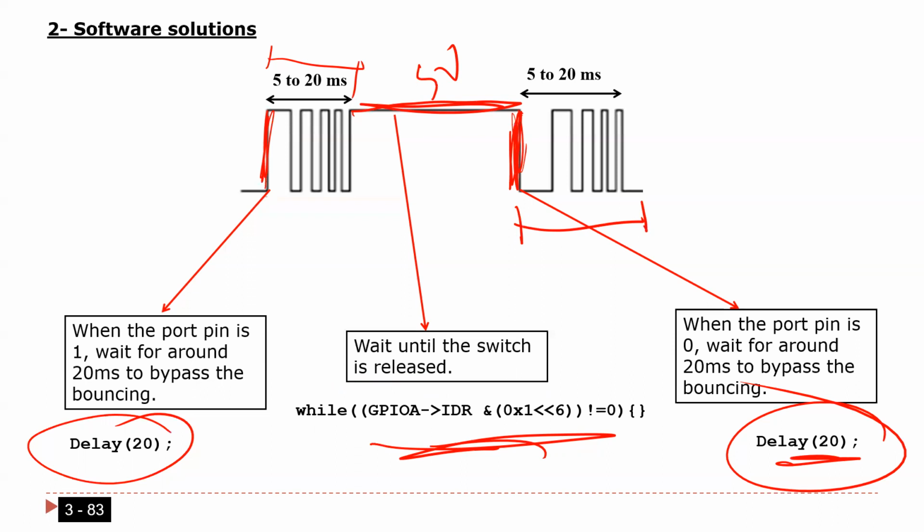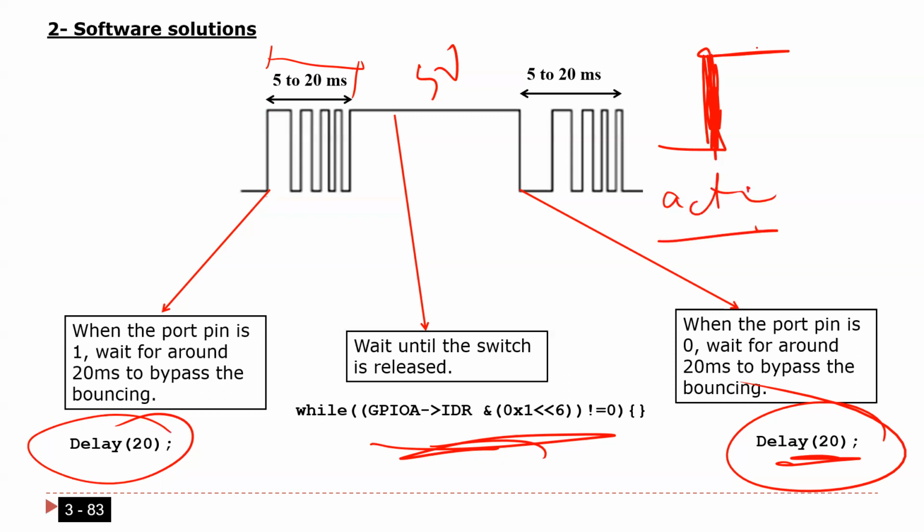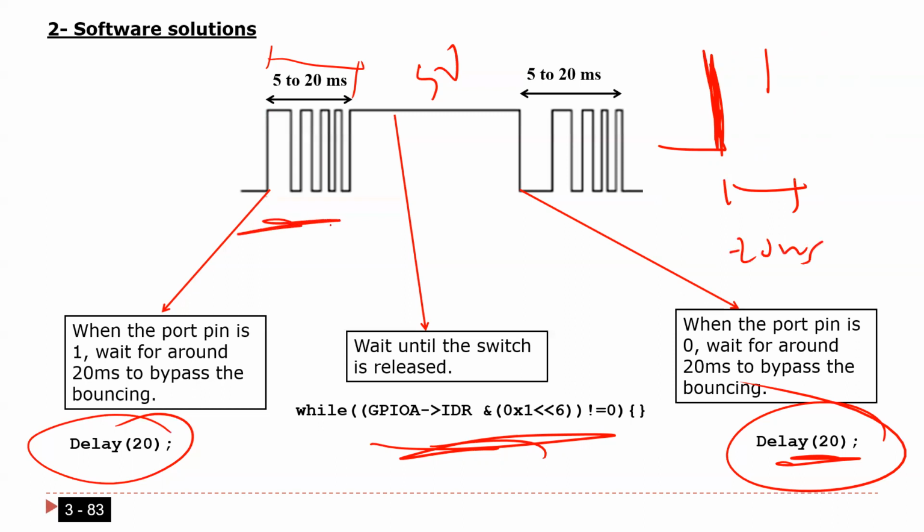So let me say it again. What I'm saying, guys, is that once I find it is high, I'm not going to take action right away, okay? Because if you take action right away, it may be another bounce here. You are going to take action here, and I take action here, which is not true. So what I'm going to do, once I find it high, is wait 20 milliseconds, as you see here. Then I'm going to make a while loop here.